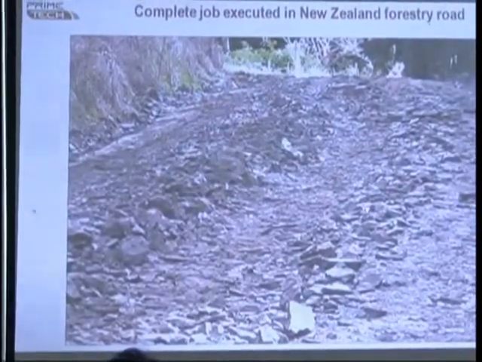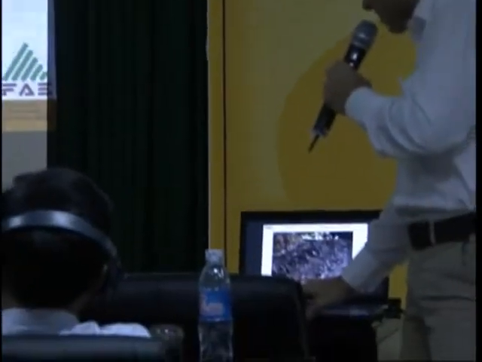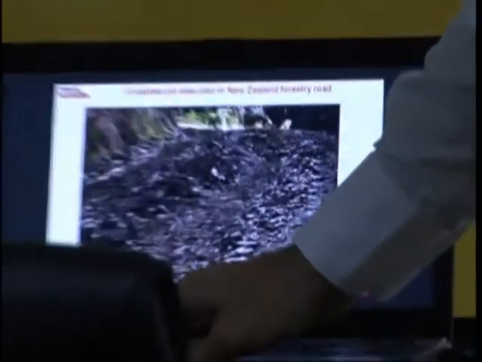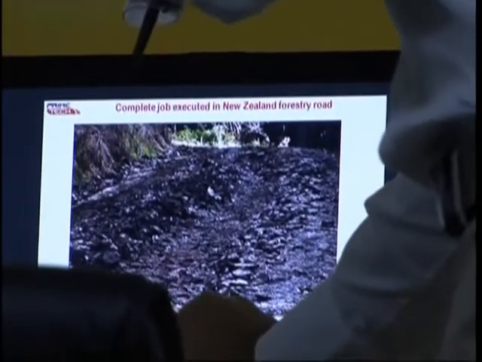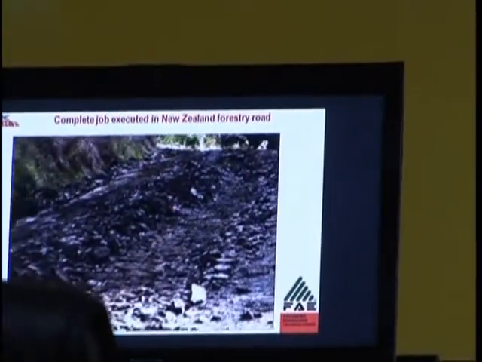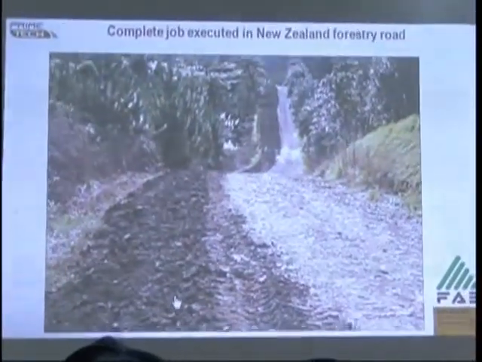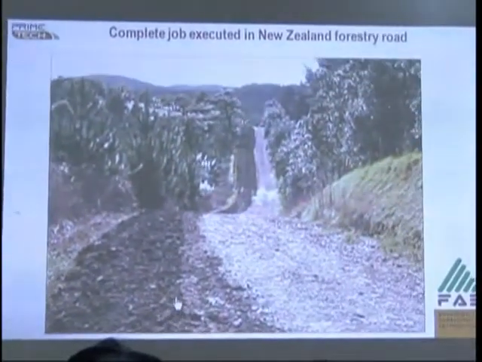This is, for example, a complete job, very cheap. No cement was brought in this job, no additional rocks were brought, everything was found locally. This was a forestry road, a 34-kilometer forestry road in New Zealand, a very cheap job, only rock crusher, grader, vibrating roller, 3 machines, and water.